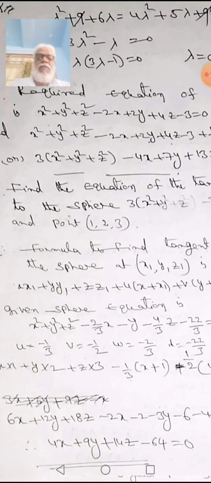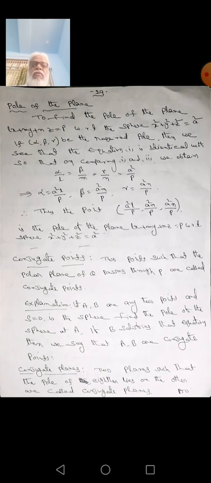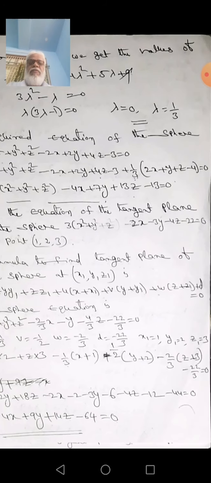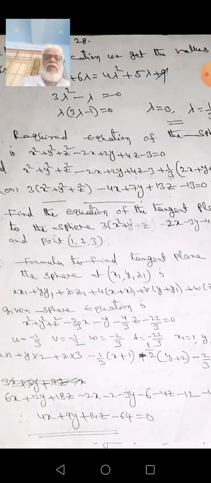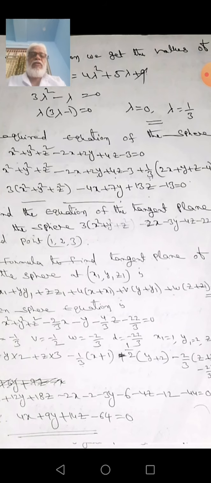So what is the formula to find the tangent plane of the sphere at x1 y1 z1? The formula is xx1 plus yy1 plus zz1 plus u of x plus x1 plus v of y plus y1 plus w of z plus z1 plus d is equal to 0.